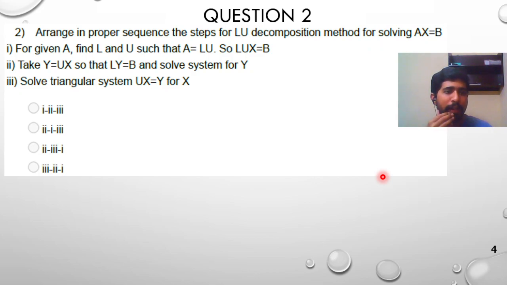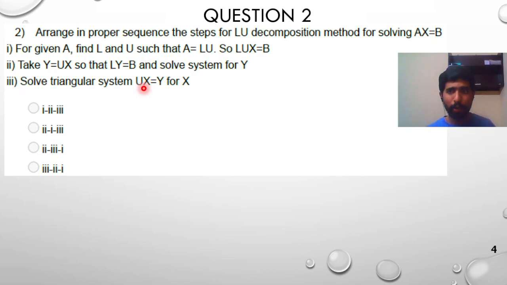Second, assume that Y is equal to UX, and solve the system LY is equal to B, because this UX we take as Y, and then solve for Y. And then solve the triangular system UX is equal to Y.